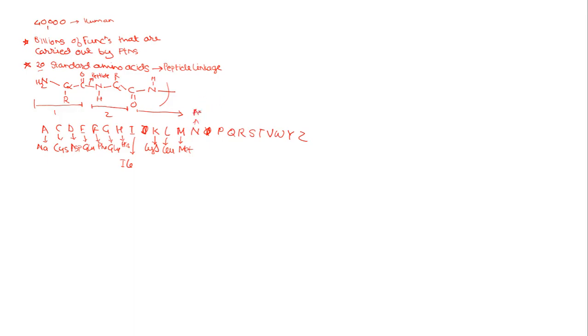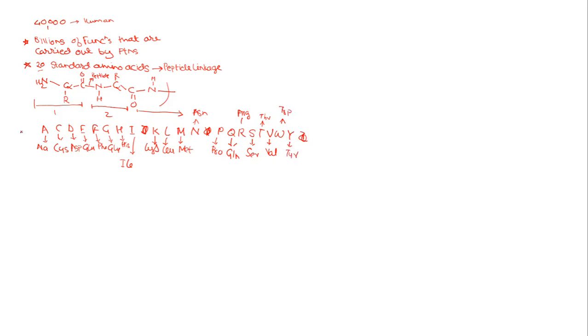asparagine, P stands for proline, Q stands for glutamine, R stands for arginine, S stands for serine, T stands for threonine, V stands for valine, W stands for tryptophan, and Y stands for tyrosine.